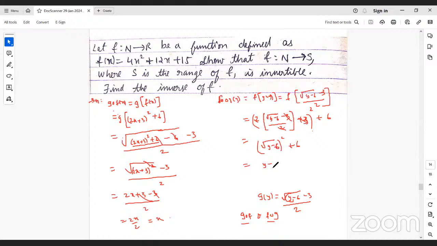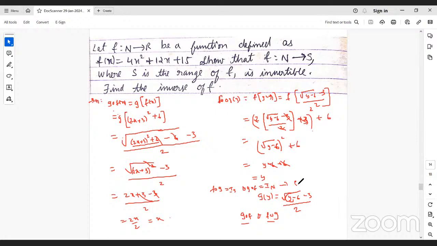So it will be y minus 6 plus 6, and minus 6 plus 6 will also cancel, and the final answer will be equal to y. So we have shown that F composition G is equal to I of Y, and G composition F is equal to I of X.